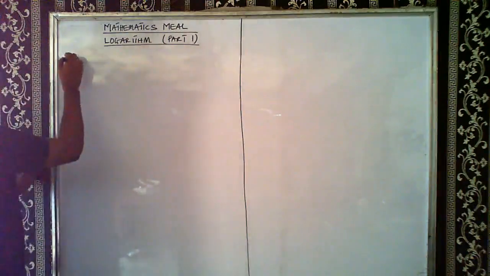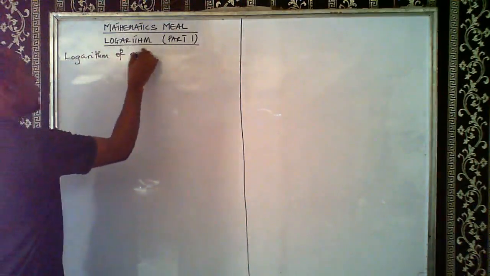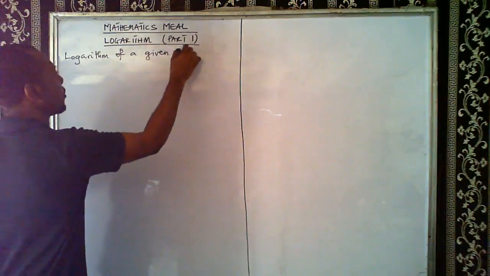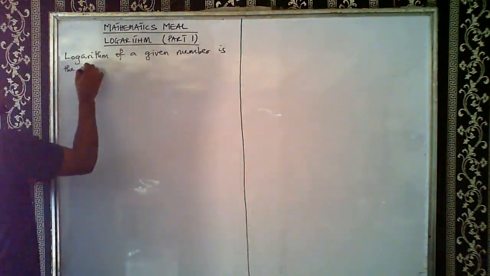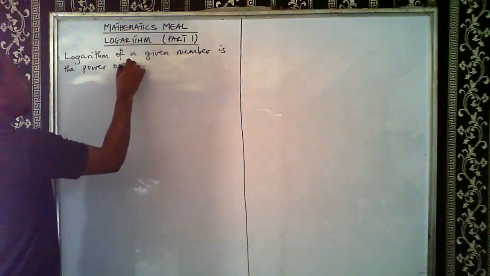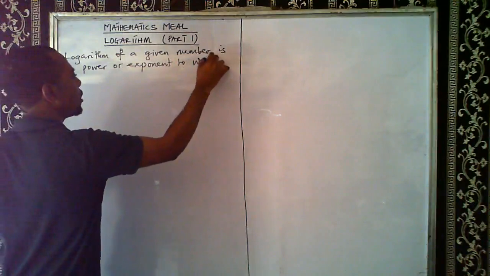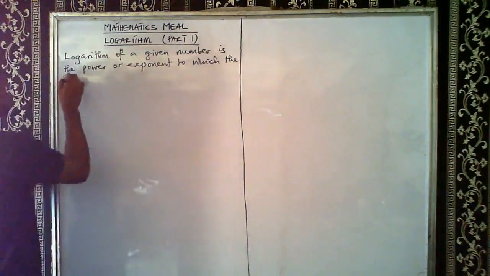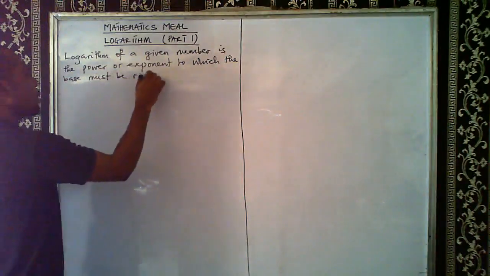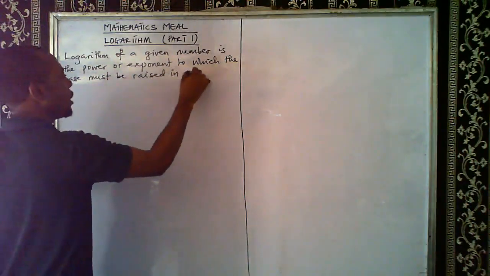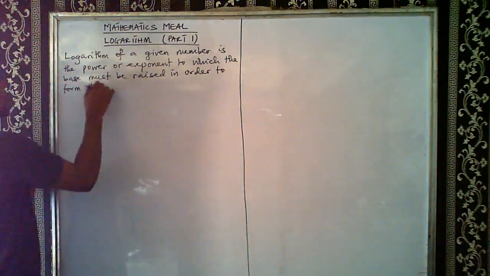We say that the logarithm of a given number is the power or exponent to which the base must be raised in order to form the given number.